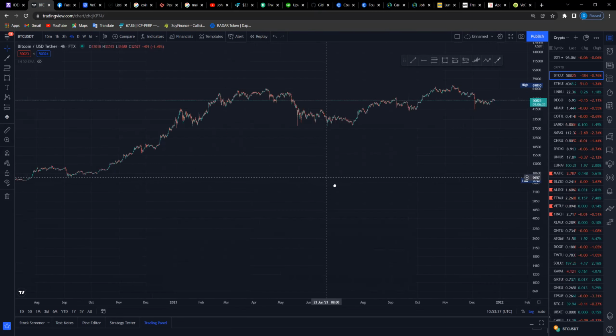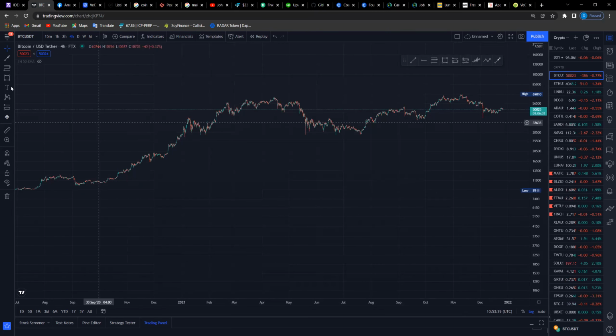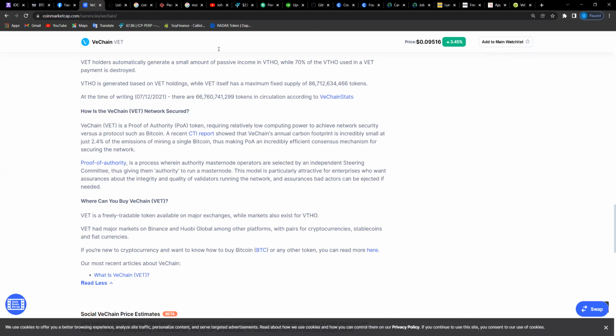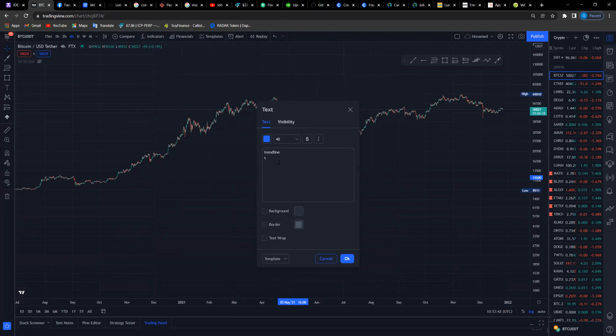So, I want to talk about drawing a trend line, support and resistance.